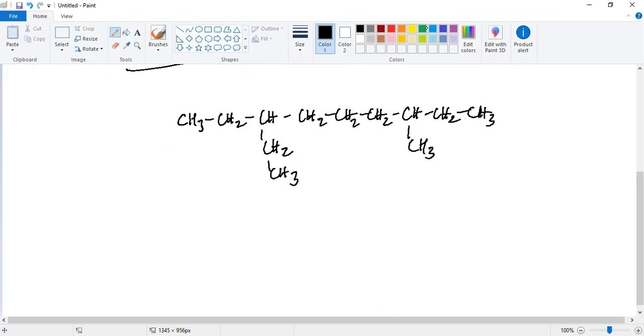If you look into this, my dear students, let's give the numbering. This is the longest chain: 1, 2, 3, 4, 5, 6, 7, 8, 9. If we give numbering this way: 1, 2, 3, 4, 5, 6, 7, 8, 9.